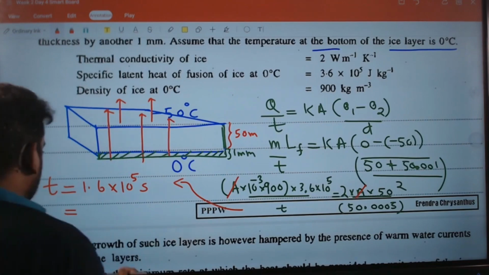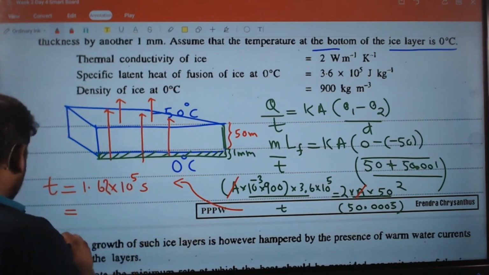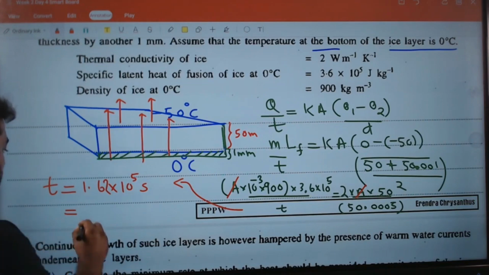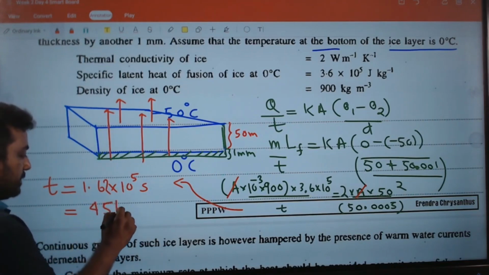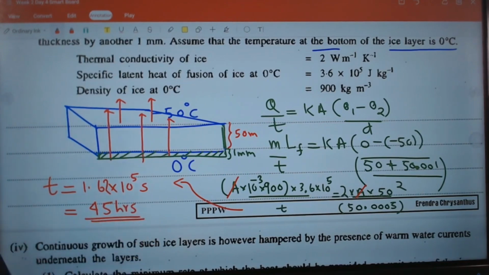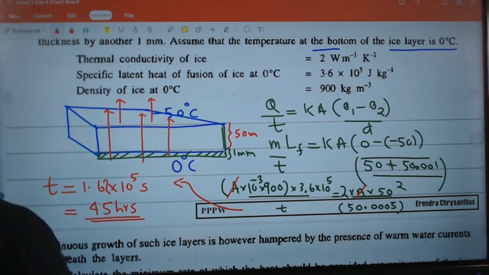So 1.62 10 to the power 5, divided by 3600, you will get 45 hours. Yeah. 45 hours to grow 1 millimeter thickness. Right.